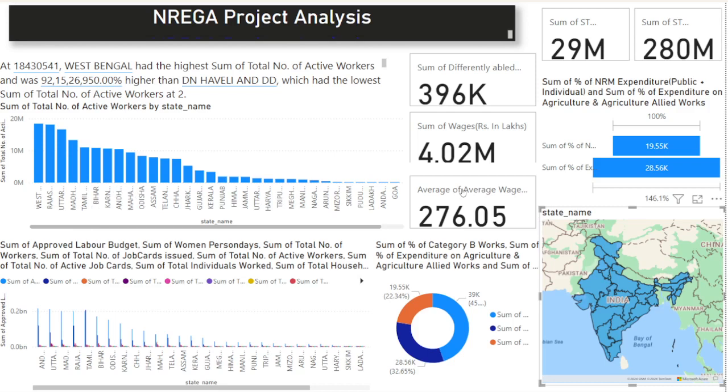Correlation between total number of job cards issued and others. This is the average wage per day per person for different states. Total number of job cards issued and ST workers against active workers in different states. The total number of households completed.